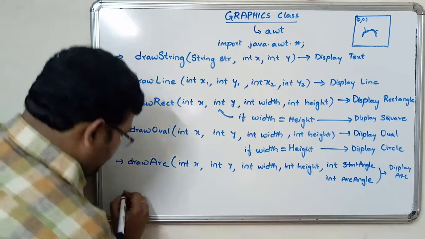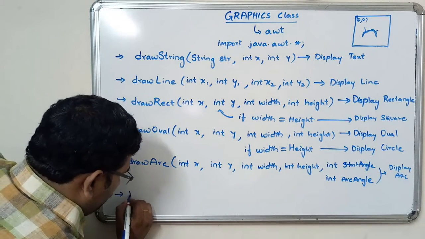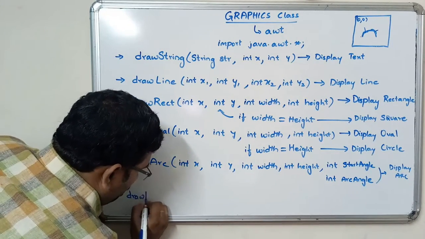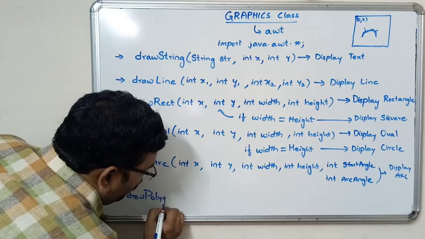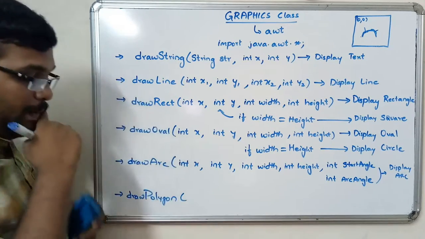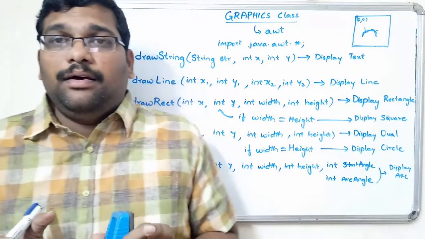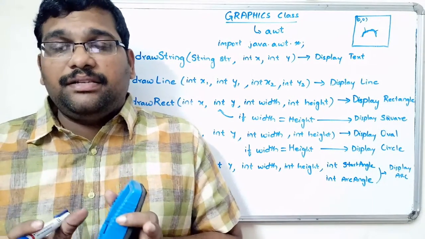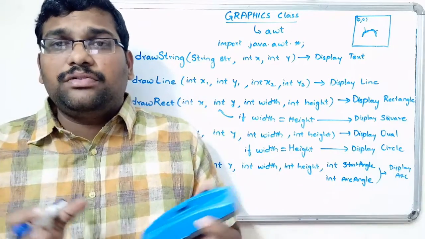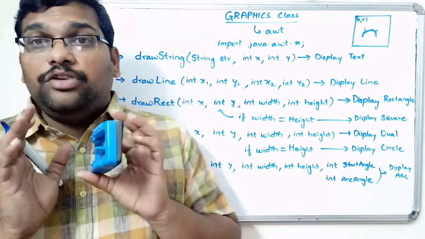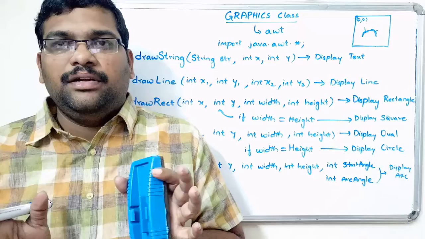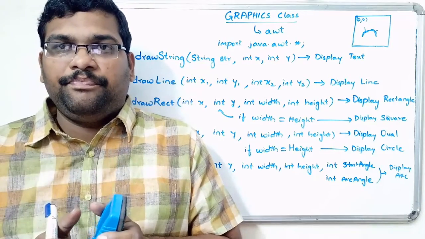Right? Next, draw polygon. So here the polygon means the closed surface. Anything closed surface is called a polygon, but it should not contain any curves. It should be with the lines.